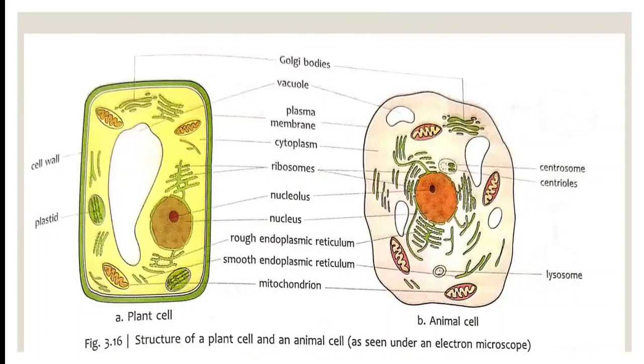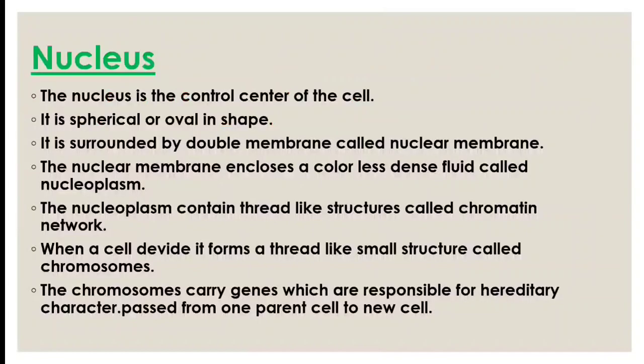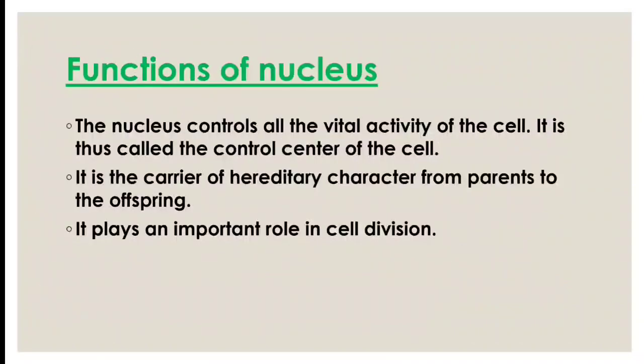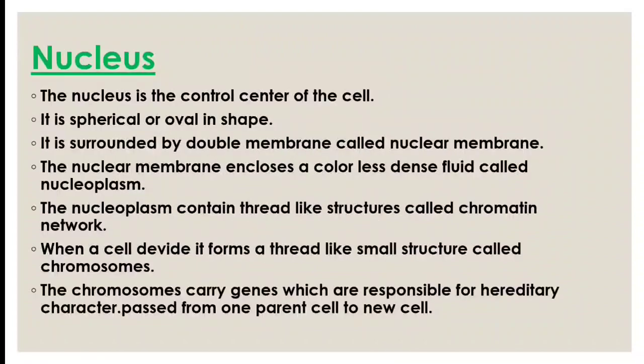It is roughly oval or spherical in shape. It is surrounded by a double membrane called the nuclear membrane. The nucleus has a two-layered membrane.